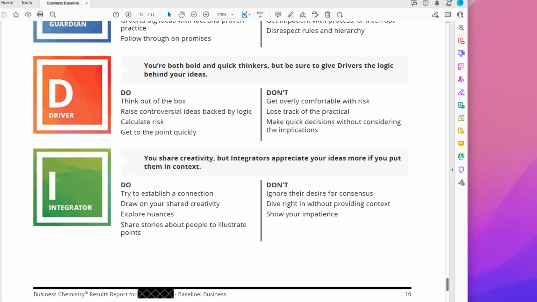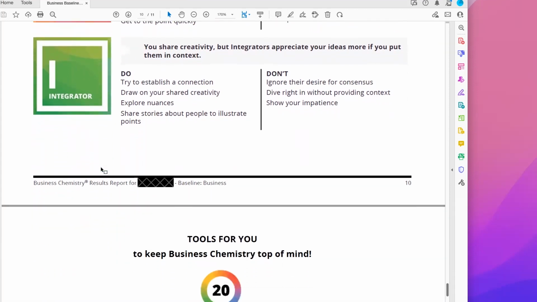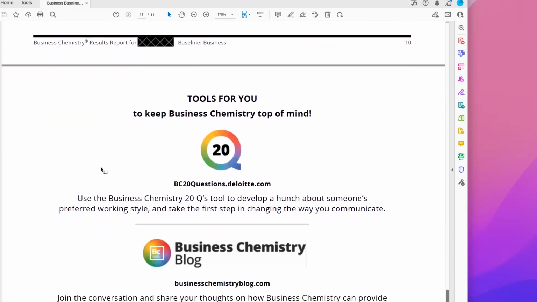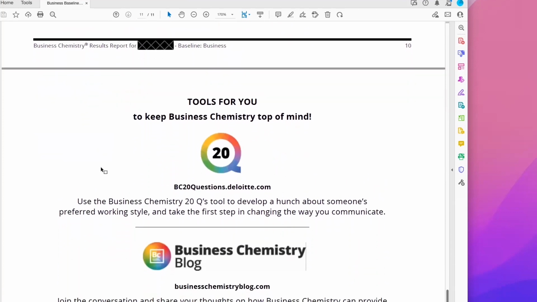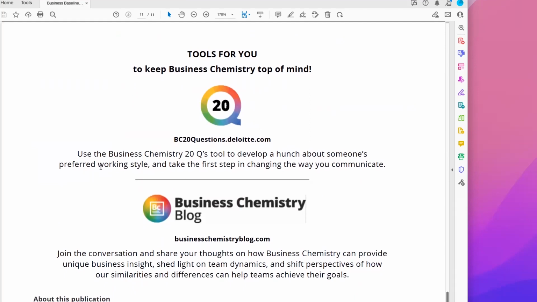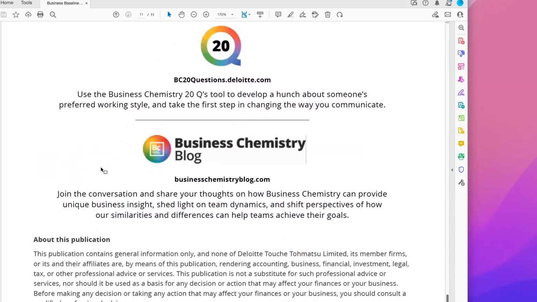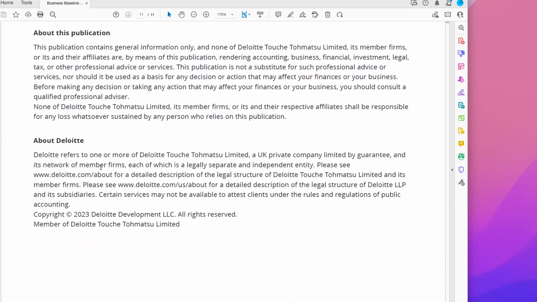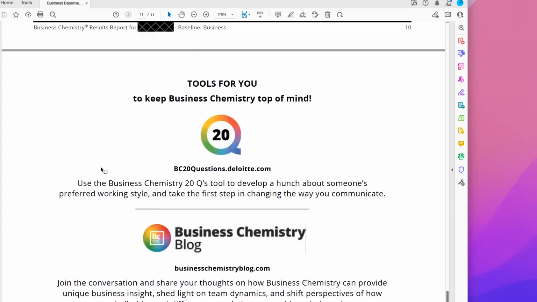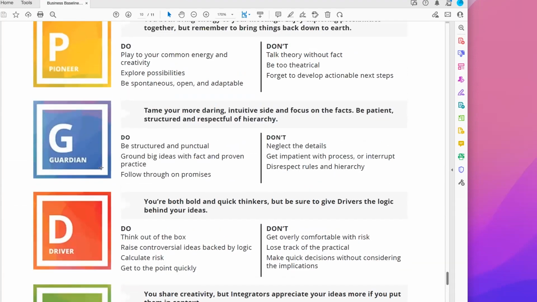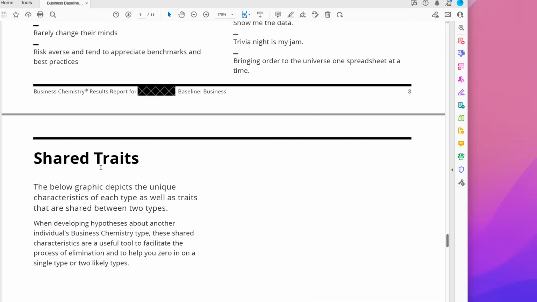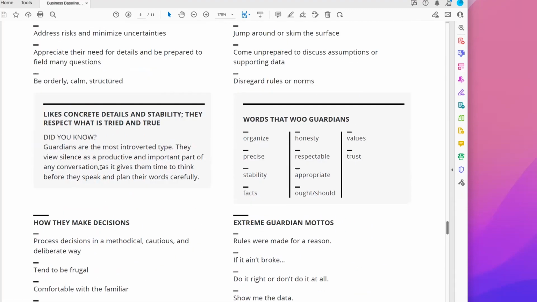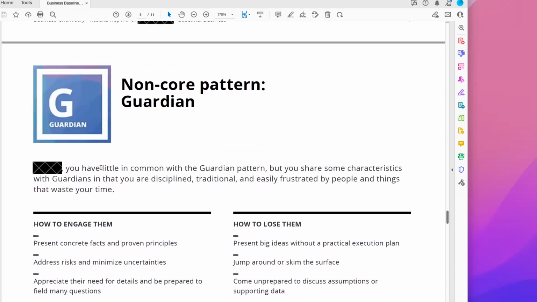Now, let me just go a little bit further. Now they're saying, here's a 20 questions tool, developing a hunch, there's a blog, and that's it. That's the entire report. Wow. Now, if their goal is to sell a training course that goes along with this, they might get into some other things.